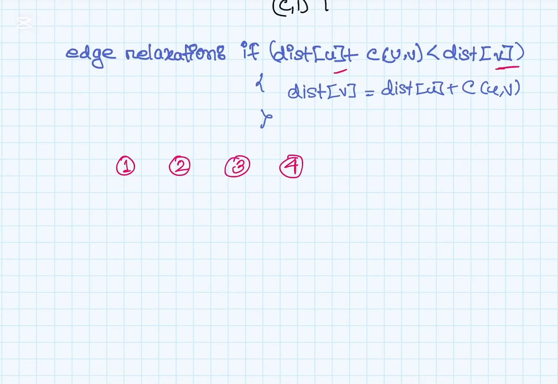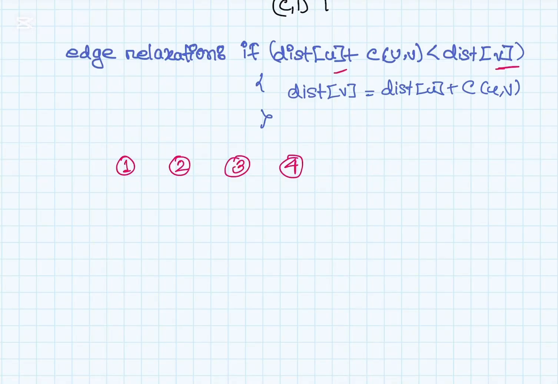Let's say there are n number of vertices in a graph. In that case, in a path, the maximum number of edges can be n minus 1 times. We can understand the concept by looking at this example.